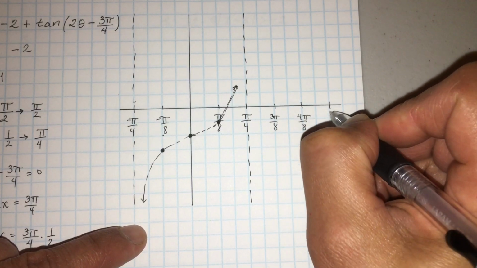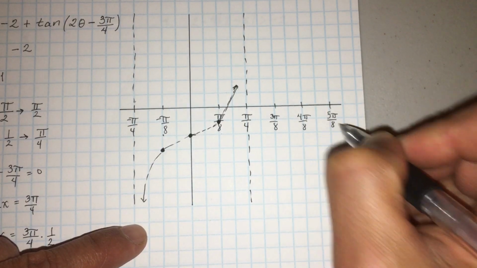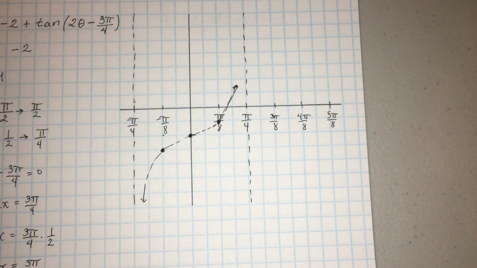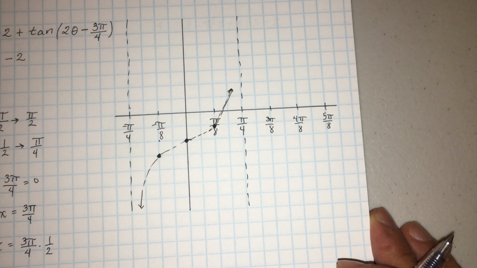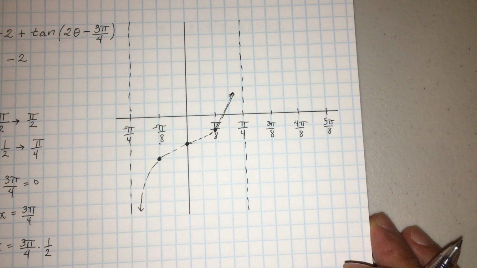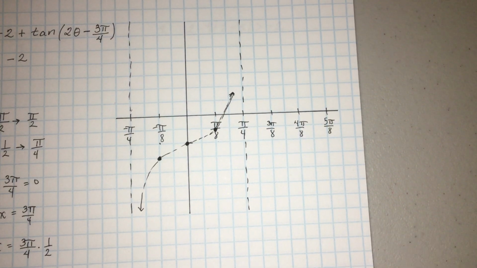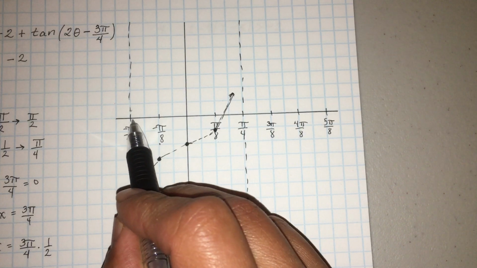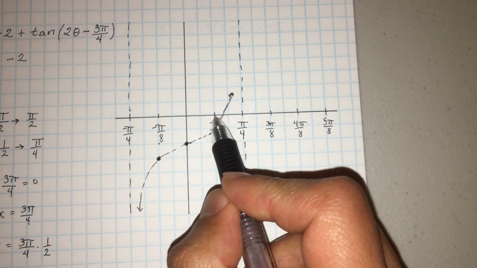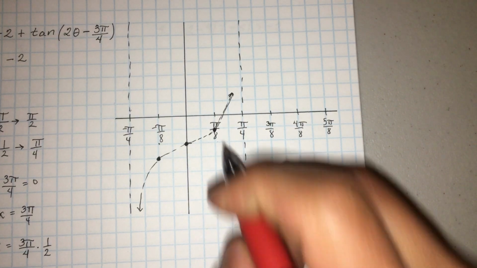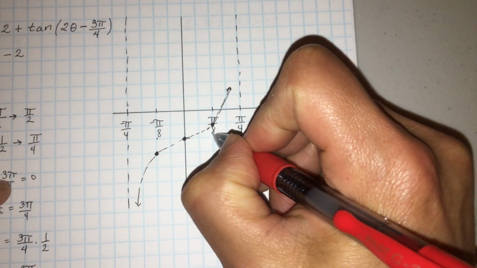And then this would be 5 pi over 8. So let's go ahead and graph that. That means this guy, he's going to move 1, 2, 3. It's going to be right here at pi over 8.